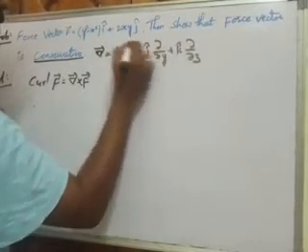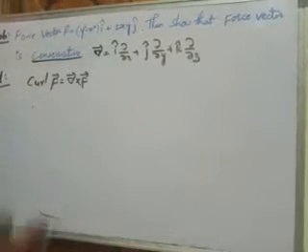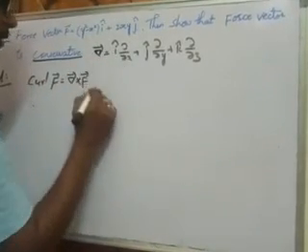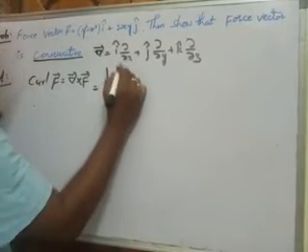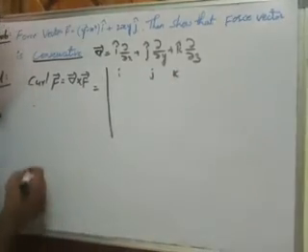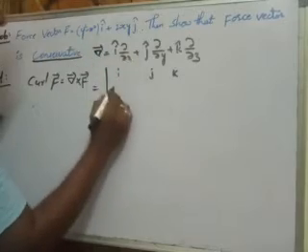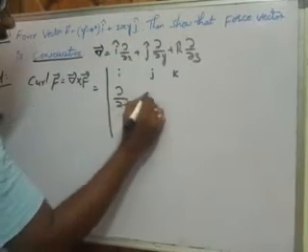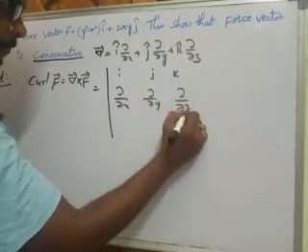These are unit vectors. Now F is given. We have to do this problem like this, taking the determinant with i j k, and dou by dou x, dou by dou y and dou by dou z.